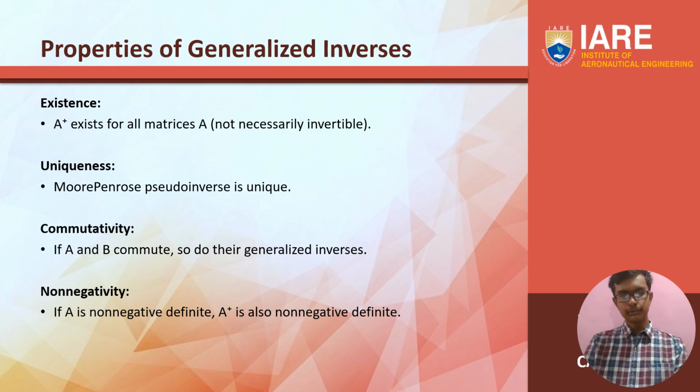If A and B commute, so do their generalized inverses, which means that if those two matrices A and B commute with each other, then their generalized inverses commute too. The fourth property is non-negativity. If A is non-negative definite, A plus is also non-negative definite. These are the properties of generalized inverses.